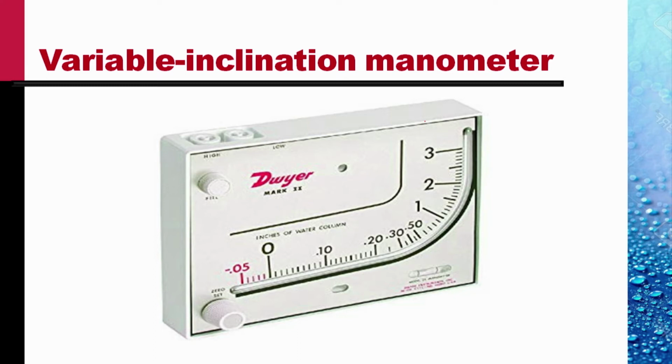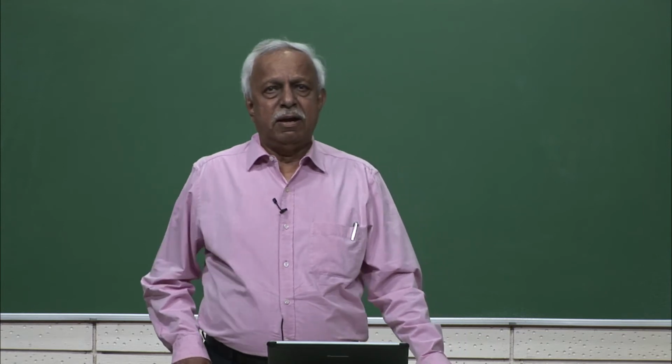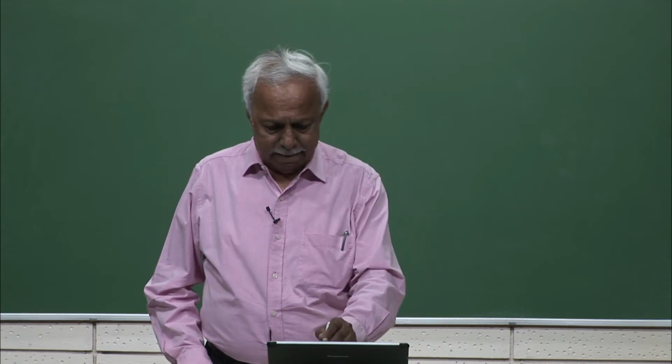So we need more inclination when the height of the column is less, but we can do with lesser inclination when the height of column is more. So in this commercially available variable inclination manometer, the tube is curved in such a manner that the inclination at low values of head difference is large, but the inclination at higher values is low. In fact, the tube becomes vertical towards the higher end.